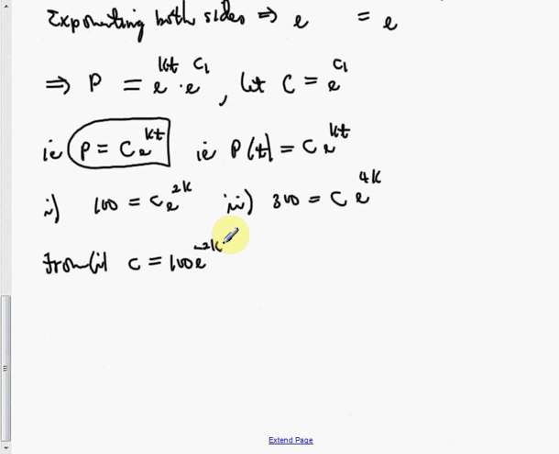Okay. So if that's the case, then what I'm going to do is take this C and substitute it over for that second equation, and let's see what we can do with that.